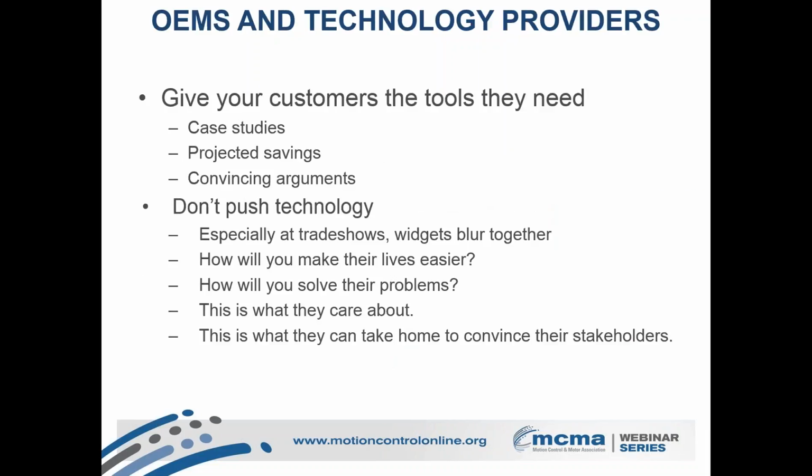So what about if you're on the OEM, machine builder, integrator, technology provider side of things? What can you do to help all that happen? Because obviously, these guys want to be selling product. Now, I've talked with a couple of OEMs before who have said to me, even though we've got the technology, we don't necessarily even put it in the quote because they do not ask for it, and we're afraid if we put it in the quote that we're going to be up above everybody else, and we're not going to get the sale.